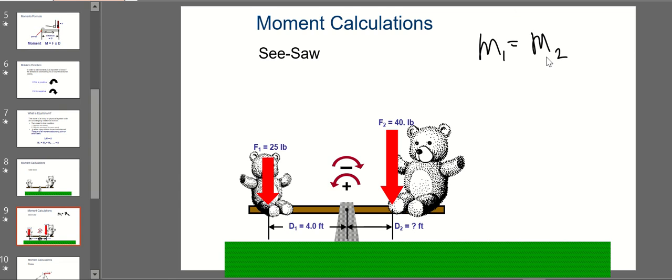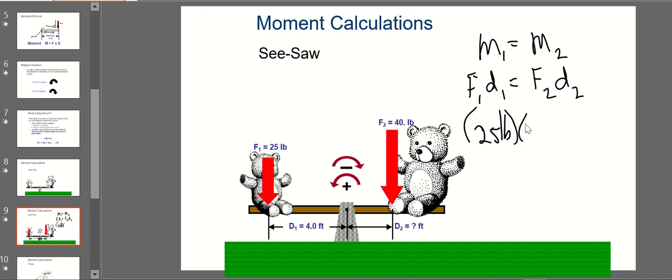And the definition for moments was force times distance. So F1 D1 equals F2 D2. Okay, so that was 25 pounds times 4 feet equals 40 pounds times my D2 that we don't know.